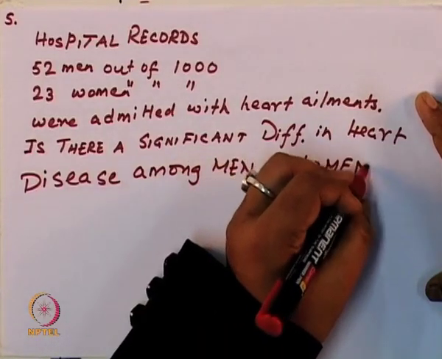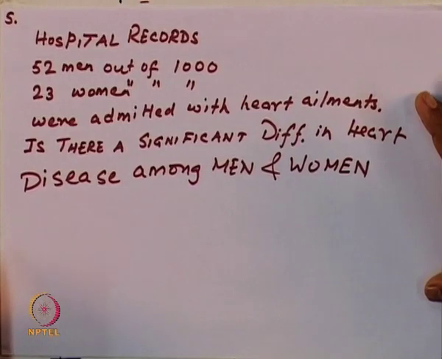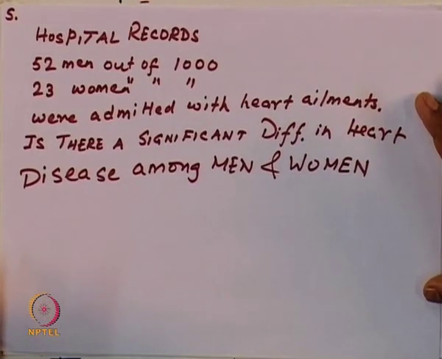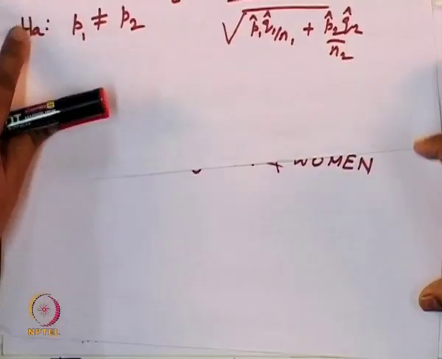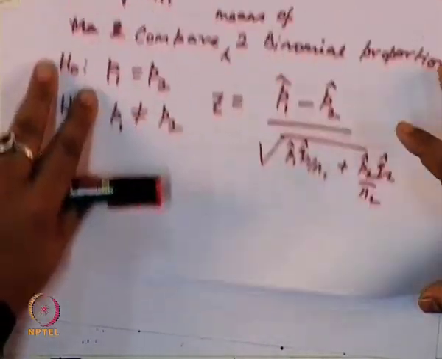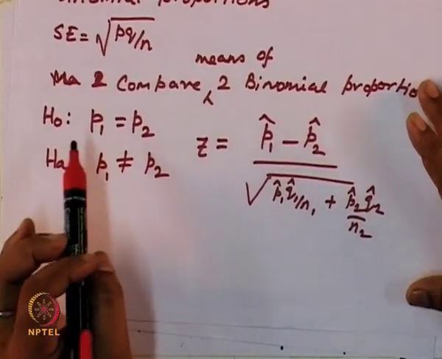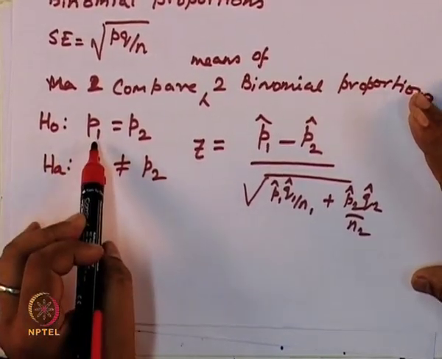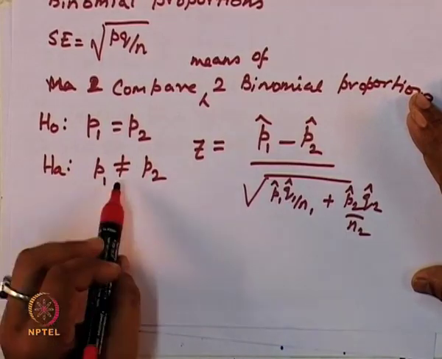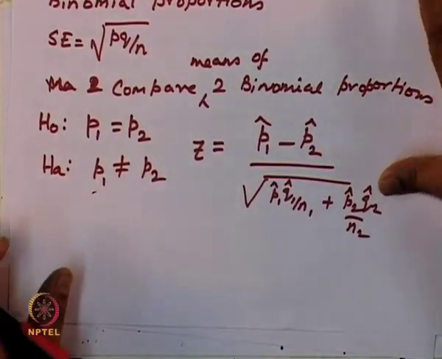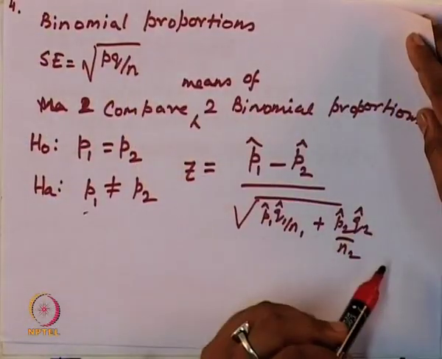So, our H naught remains the same as before, that we want to test the hypothesis whether P1 is equal to P2 or the alternate hypothesis P1 is not equal to P2. Now, we want to calculate this test statistic Z equal to P1 hat minus P2 hat by this.